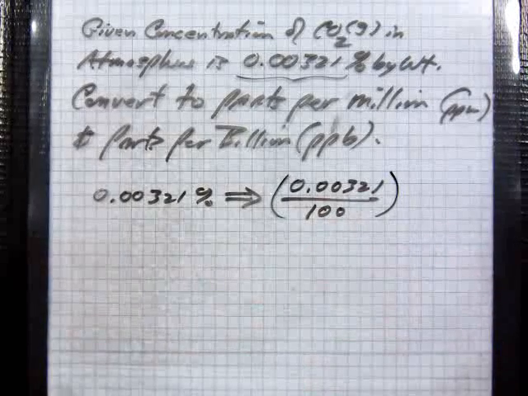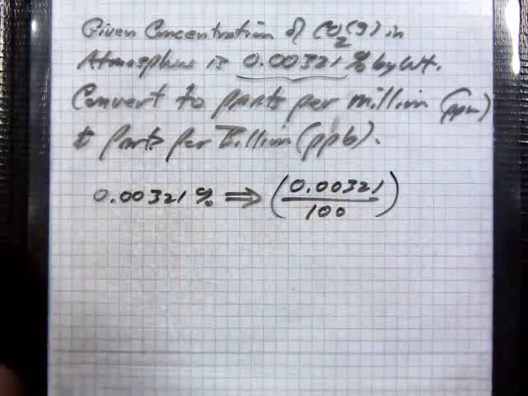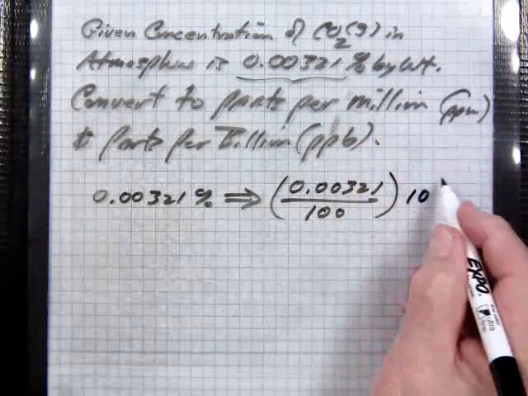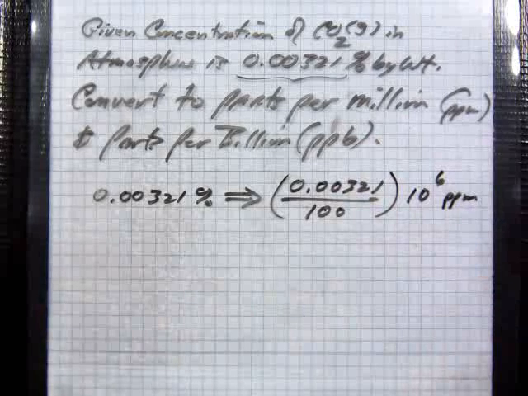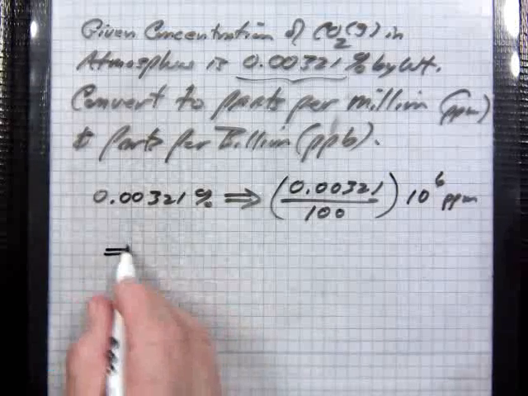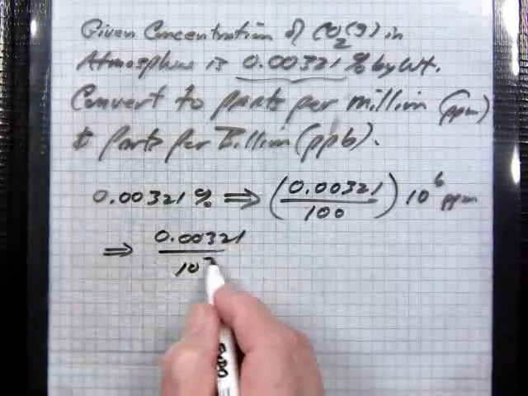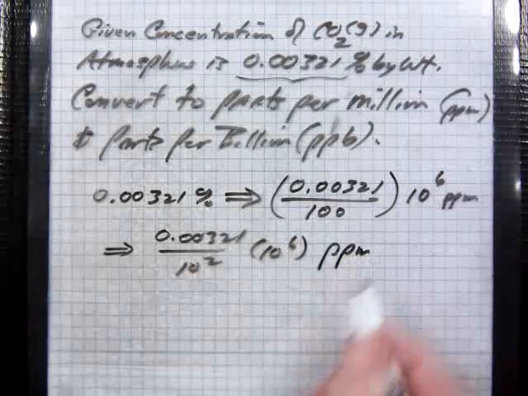Okay? This is what you should convert to, regardless. It doesn't matter what the units are, because it's going to be in a percentage ratio anyway. Then you want to go to parts per million, just simply multiply times 10 to the 6 and tag it with ppm. That's the simplest way to get these. So when you see a percentage, think of it in terms of that over 100. And so this would be 0.00321 over 10 squared times 10 to the 6, just to hit some high points.